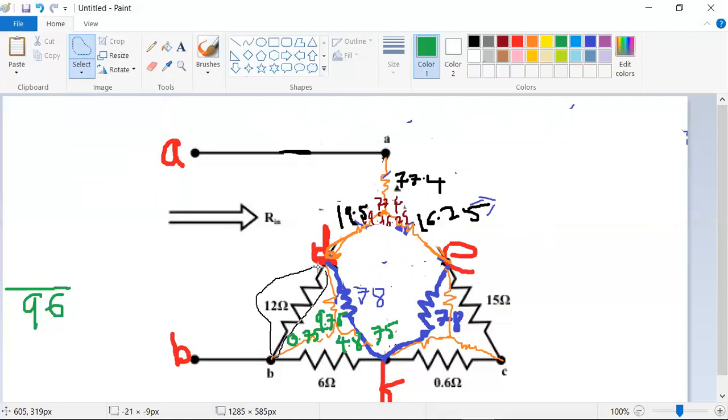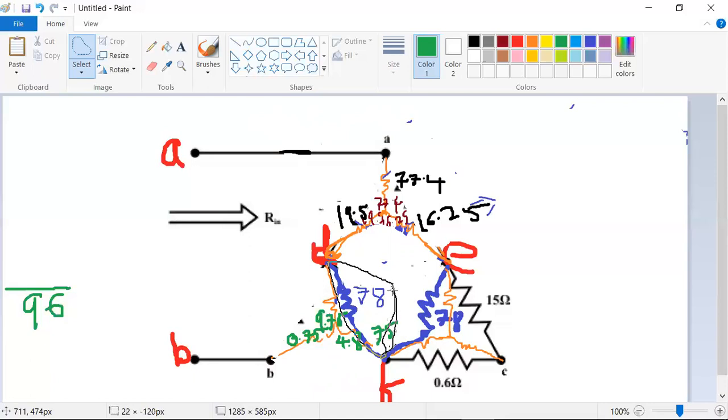So 9.75, 0.75, 4.875. So this is a resistor. 3 resistors across this element.